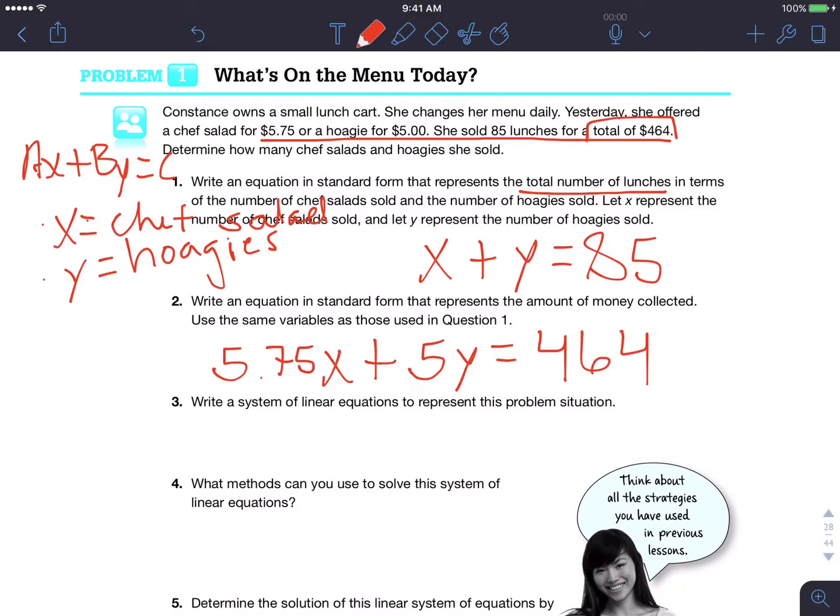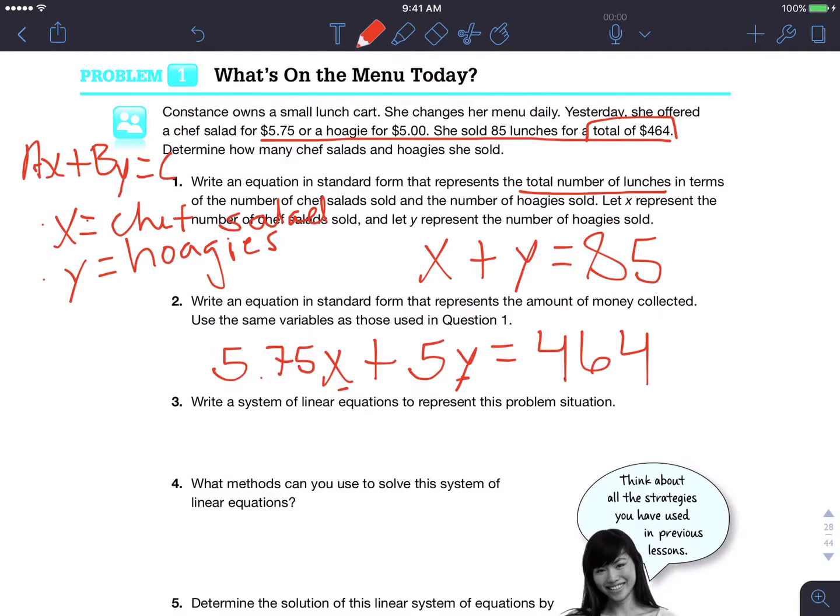Okay? So we have $5.75 for every 1 chef salad, which is X, plus $5 per hoagie, and these are the hoagies here. You add those up, it should give you $464.